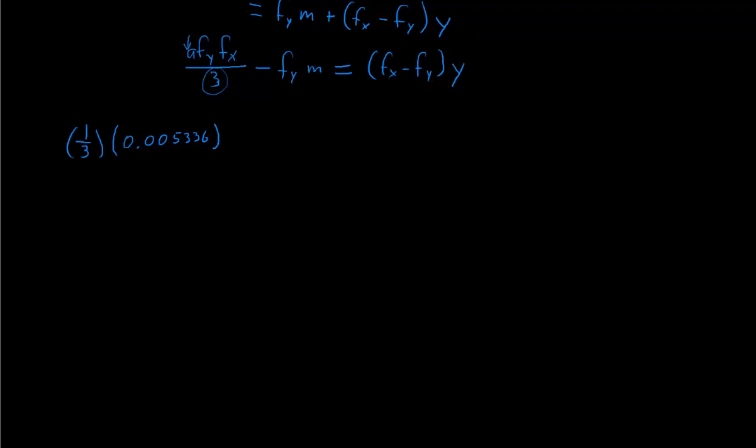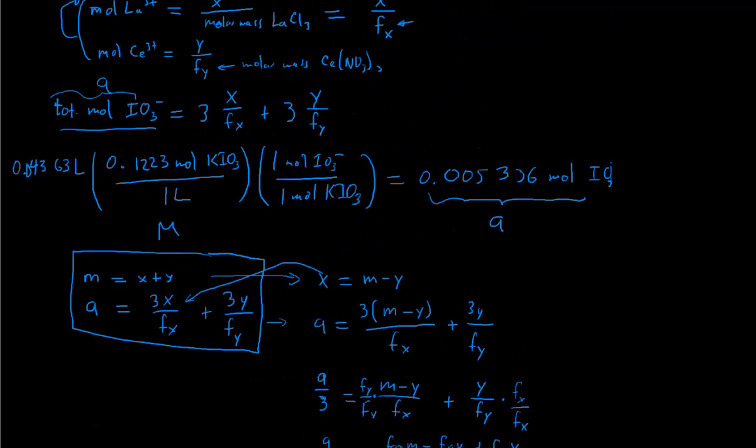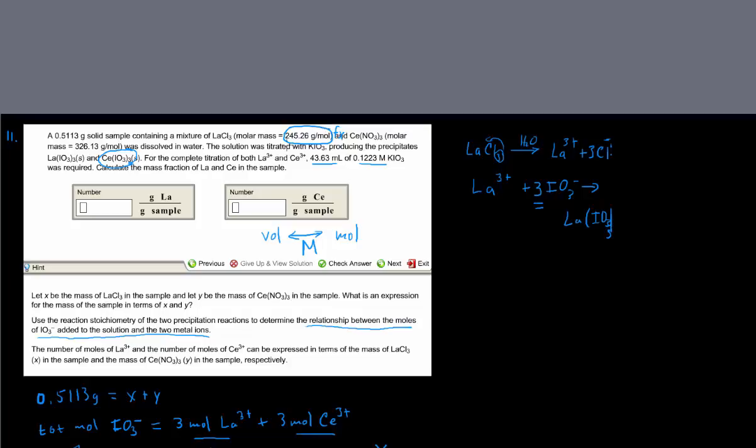Fy is the formula mass of substance Y, and Fx is the formula mass of substance X. So Fy is 326.132 grams per mole, and Fx is 245.126 grams per mole. If I scroll back up, you can see that they gave us those two values, 245.26 and 326.13.